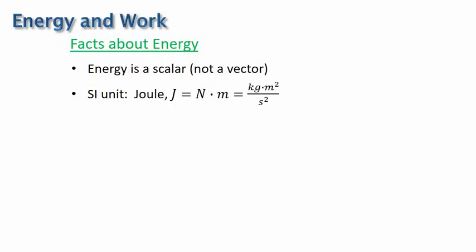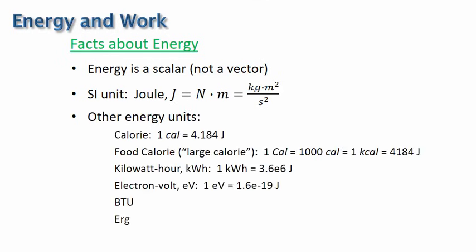The next fact is that the SI unit for all energy quantities is a joule. A joule is equivalent to a Newton times a meter or kilogram meter squared divided by second squared. Some other common energy units are a calorie and a food calorie. Usually when we use calories, we mean a small calorie, which is equal to 4.184 joules, while a food or large calorie is equal to 1,000 times that, or 4,184 joules.